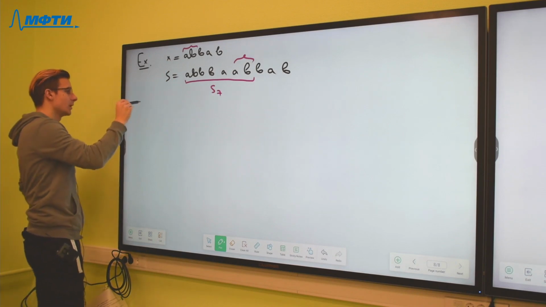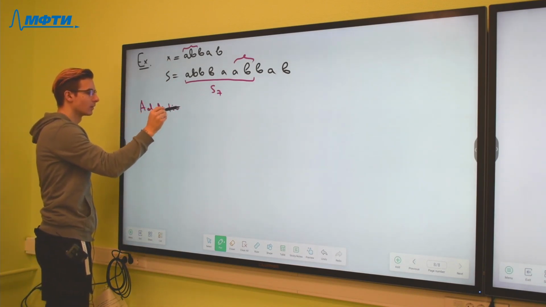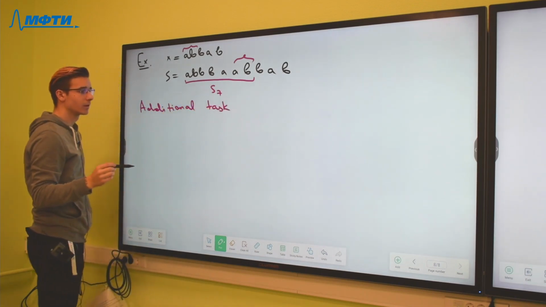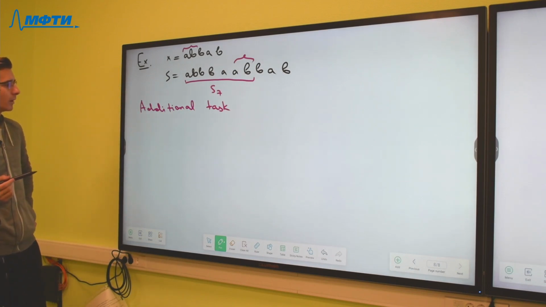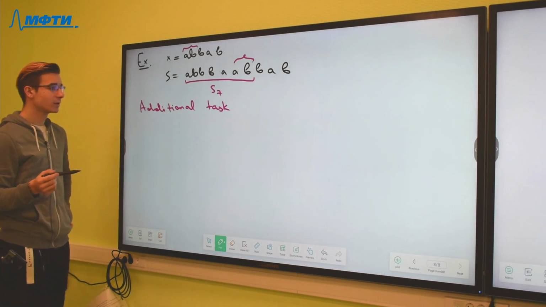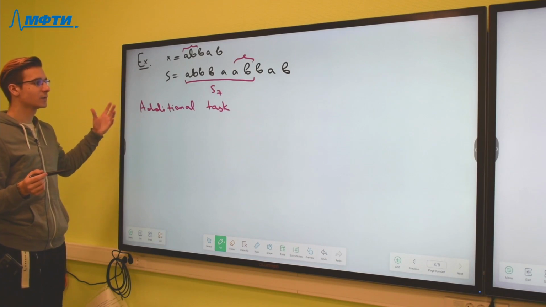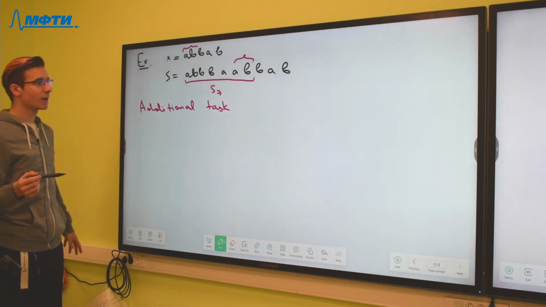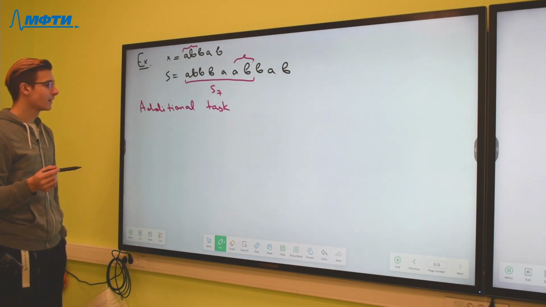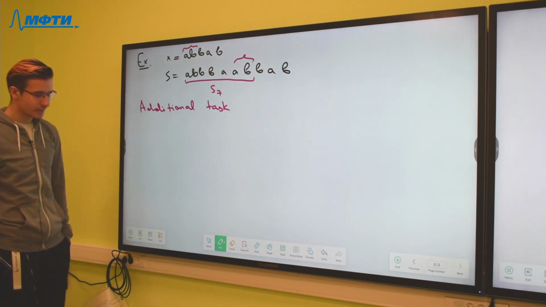Okay, additional task. As you remember, one lesson ago we talked about different dynamic algorithms connected with some additional tasks that we solve, and then we solve the common task, the general task, using the answers for the additional tasks.